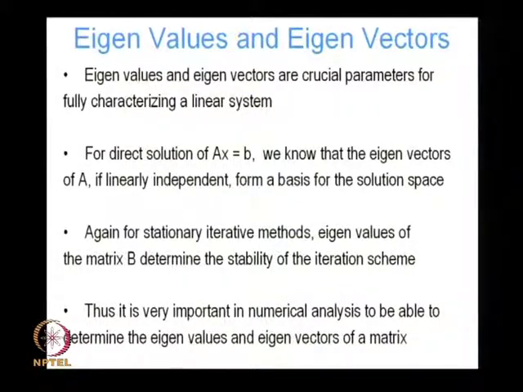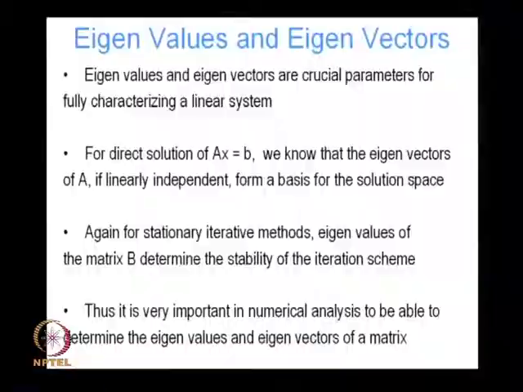Again, for stationary iterative methods, which we encountered a little while ago, we found that the whole stability of the method depends on the eigenvalues of my B matrix, which was my iteration matrix. The eigenvalues of that B matrix determine whether my iteration method is going to be stable or not.